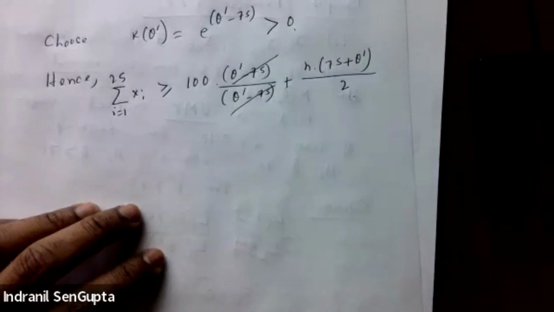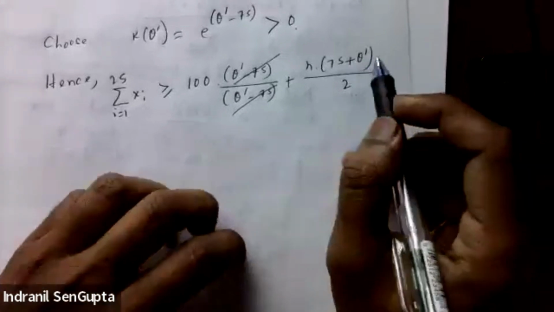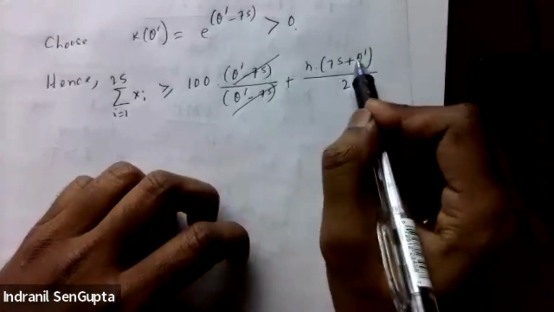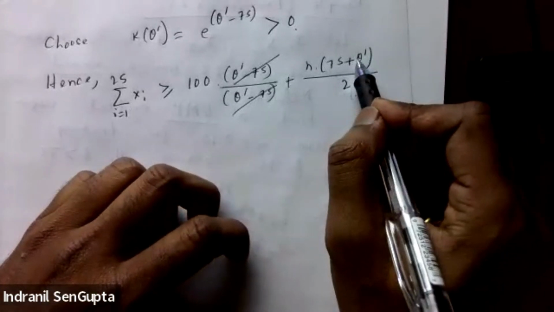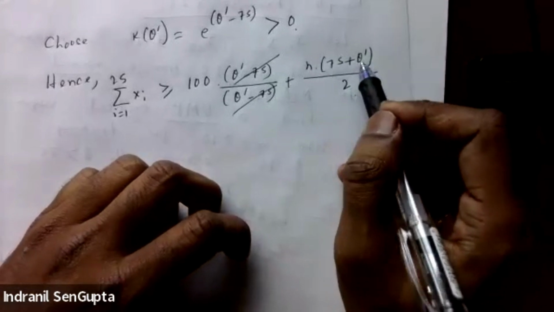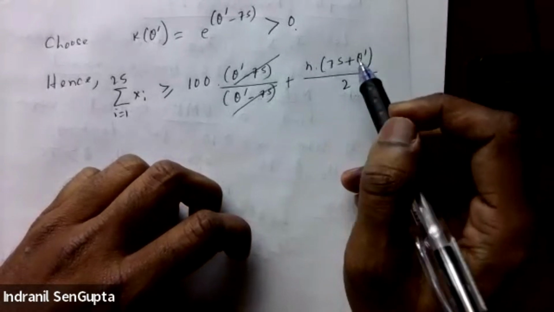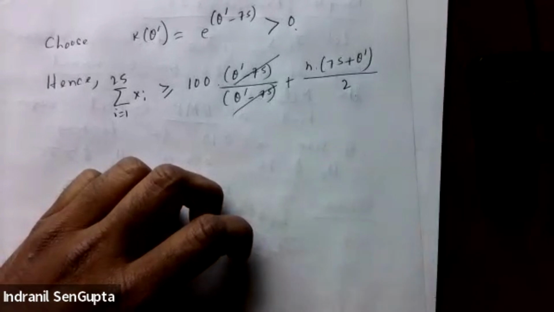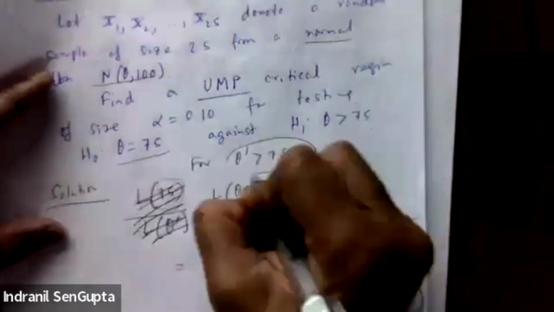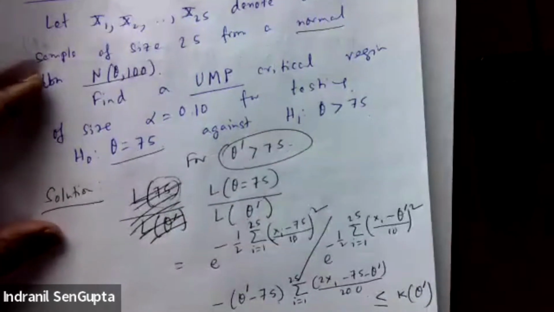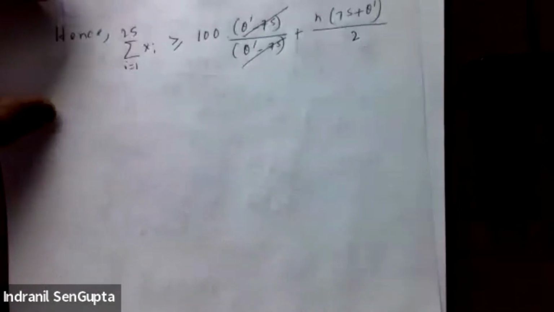Okay. Now note that whatever this theta prime is, that's a positive number, right? Because we are trying to estimate this from here, theta prime is bigger than 75, right? So its least value is 75.